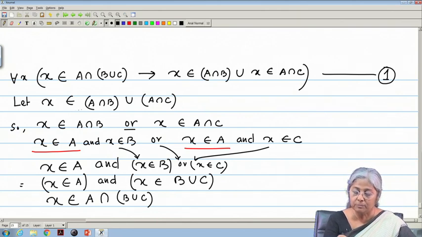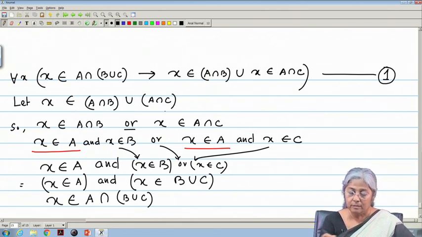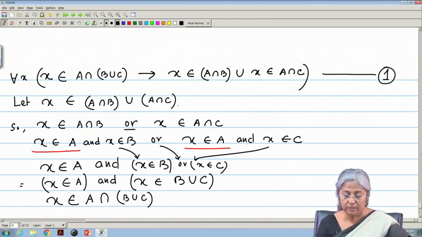We assumed that x belongs to this set and we inferred that it implies this.